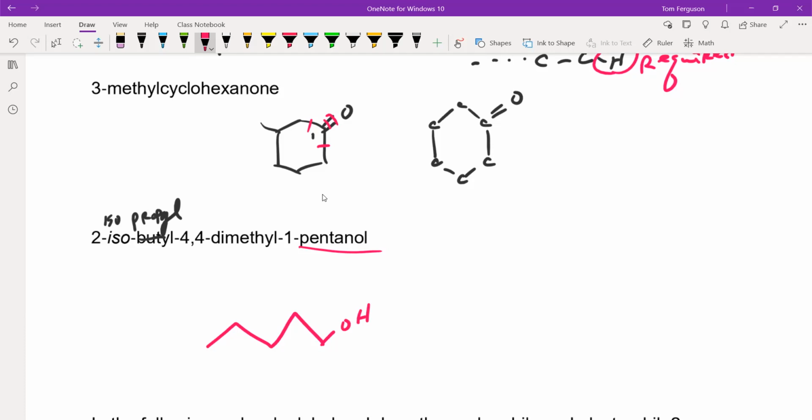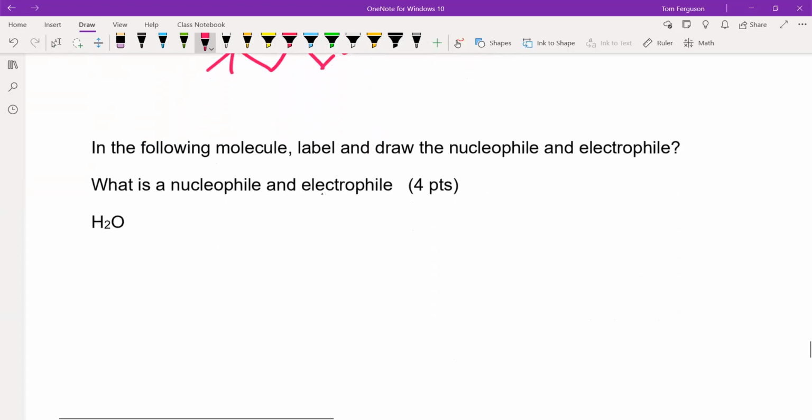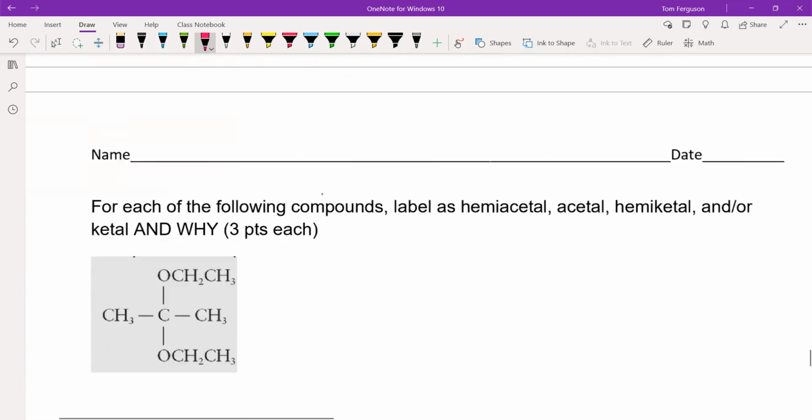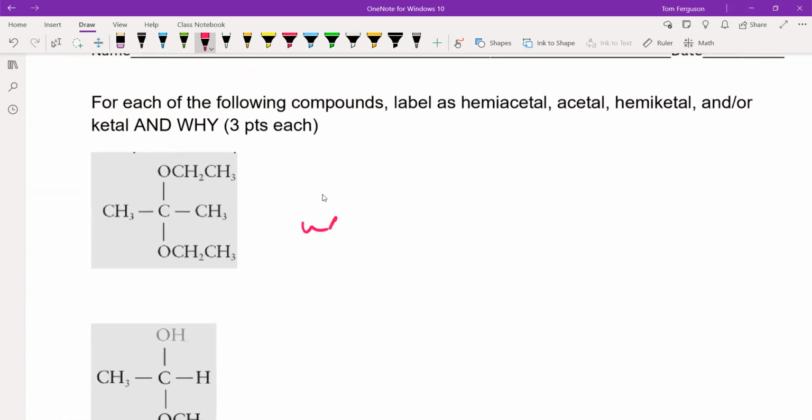And we have at position 2 isopropyl. In position 4, we have 2 methyls. Okay, now this is unit 2.